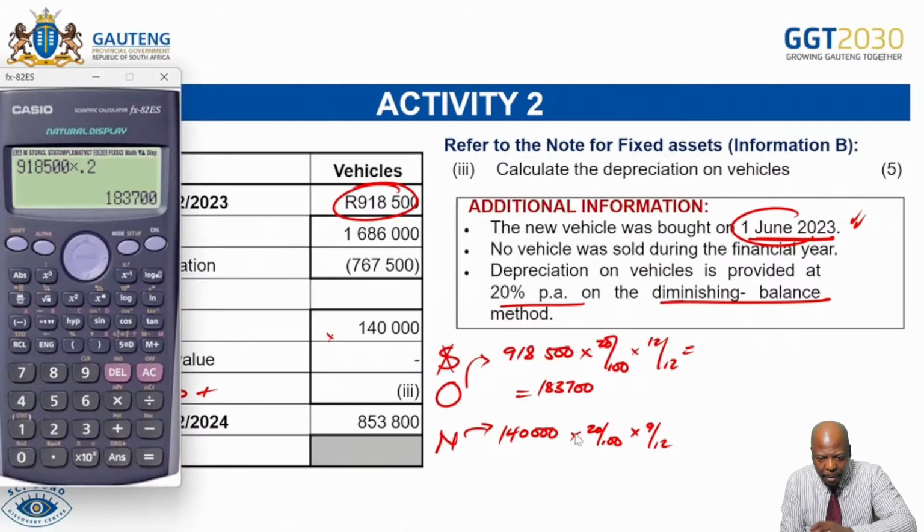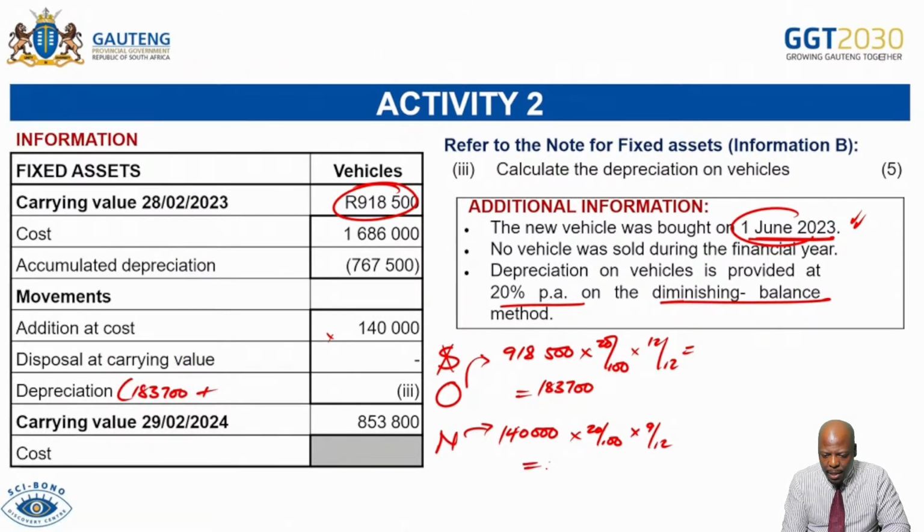Let's see how much that is going to be. It's your 140,000, multiplied by 20%, that is 20 over 100, and then multiplied again by 9 over 12. That is going to give us 21,000. So I'm going to say plus 21,000.